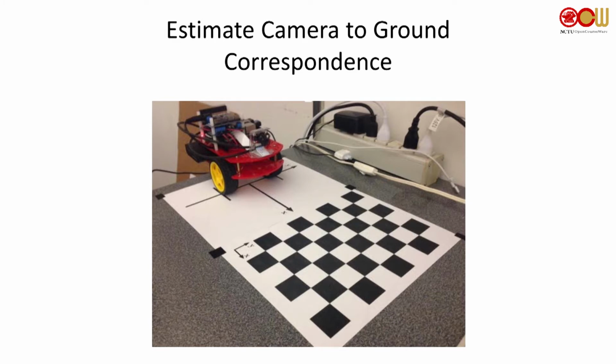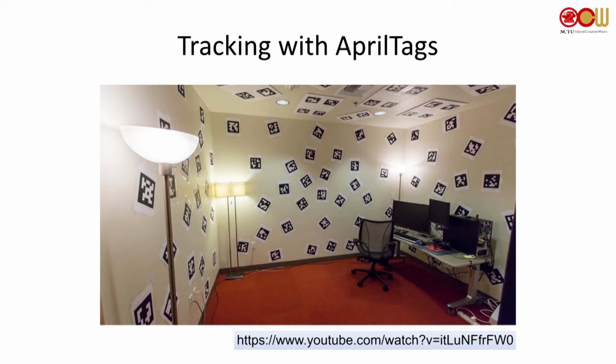Here, again, it's a similar problem. We want to estimate the transformation between the camera and the ground. It's probably totally fine. You place lots of April tags in your own room, and you could track your virtual reality head mount everywhere, easily.